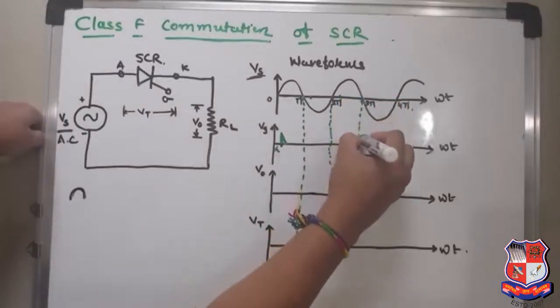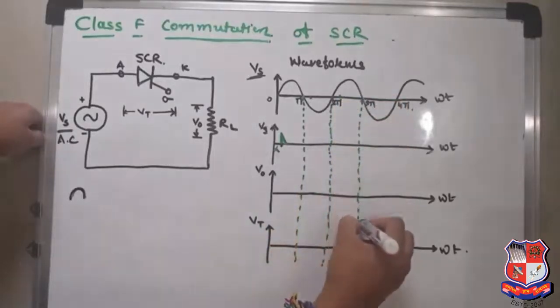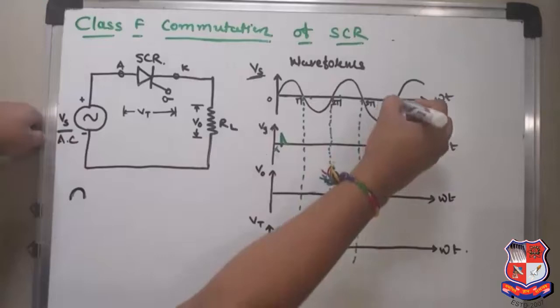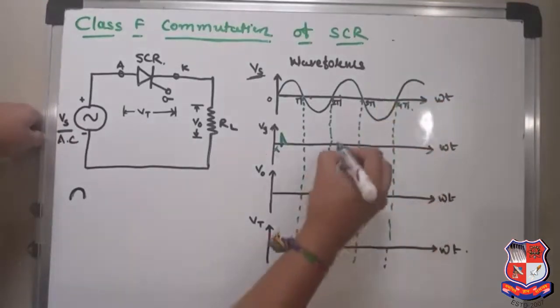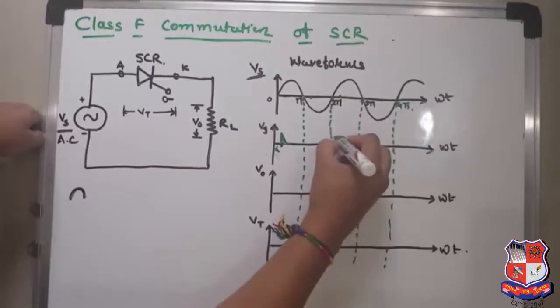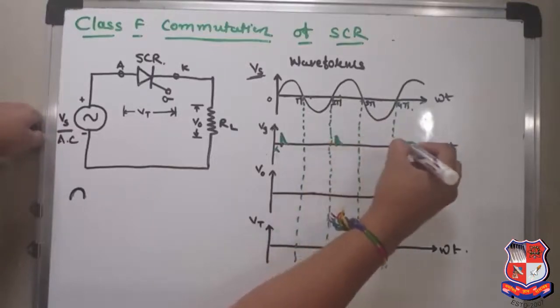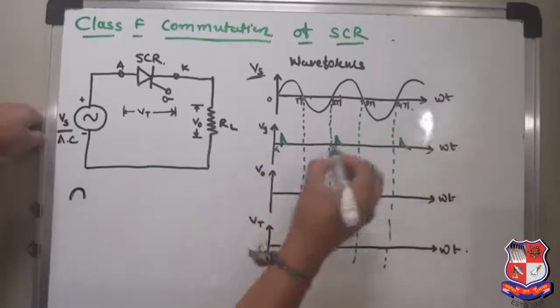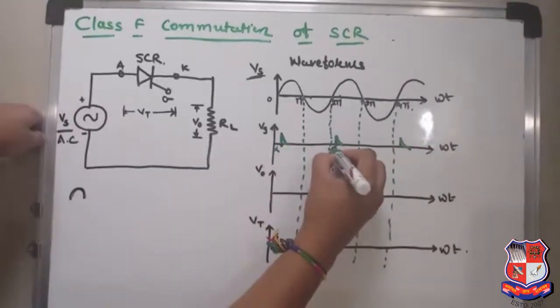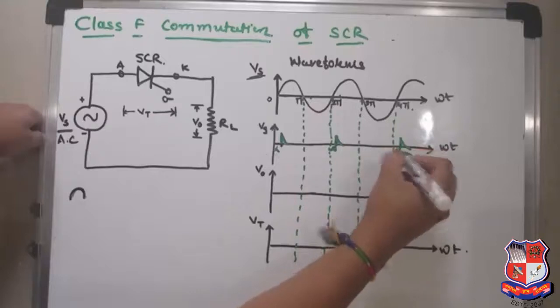So what will happen? The SCR is going to be triggered and comes into the forward conduction mode. So during each and every positive cycle, at an angle of alpha, I am giving a gate pulse. It is the angle alpha.